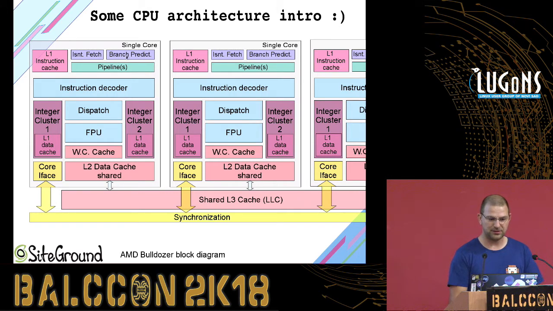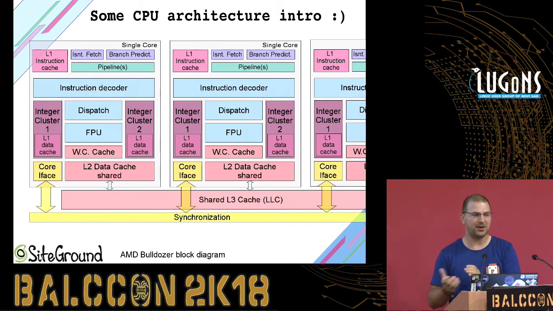What you can see here is that we have a branch predictor. And what is a branch predictor? Let's say you have an if statement in your code. That if statement is pretty simple. Either it evaluates to true or to false. If it is true, you would have like 10 lines of code inside of it. If it is false, you would get only 1 line of code in the else clause.